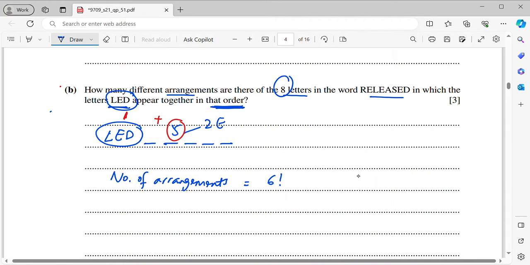Of course, this LED can be in any place: first, second, third, fourth, fifth, or sixth. Therefore, I will just treat the LED as 1 letter, together with the rest of the 5 letters, making 6 letters. But if you just write 6 letters, it means these 6 are different letters, which is not correct because out of the 5, we still have the 2 E's here. Therefore, we have to divide by 2 factorial. Then at last you'll be getting 360 arrangements.